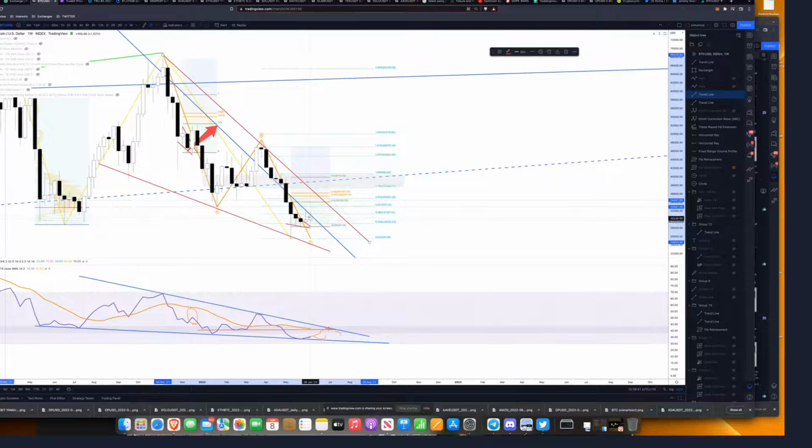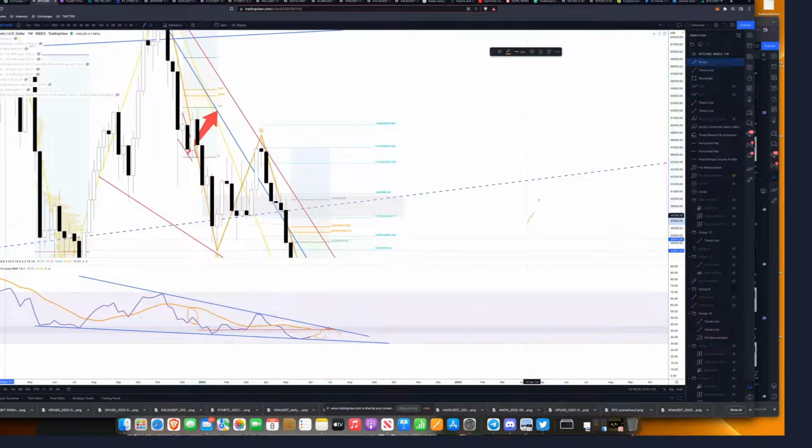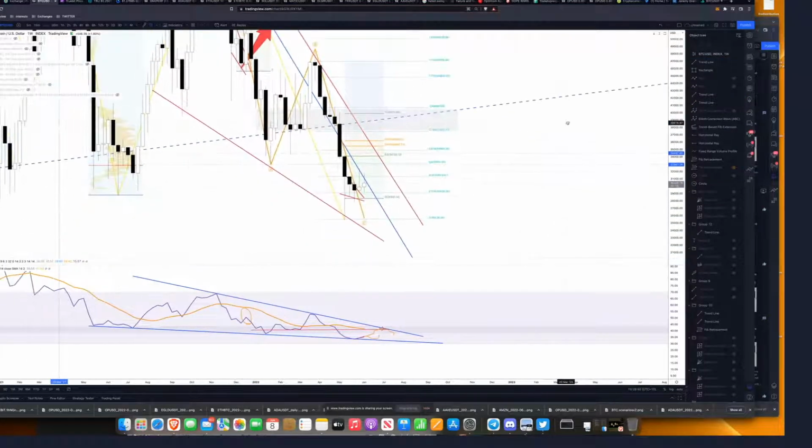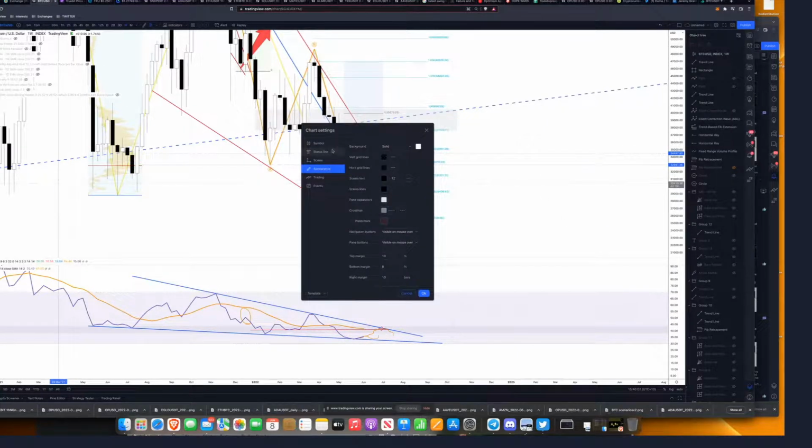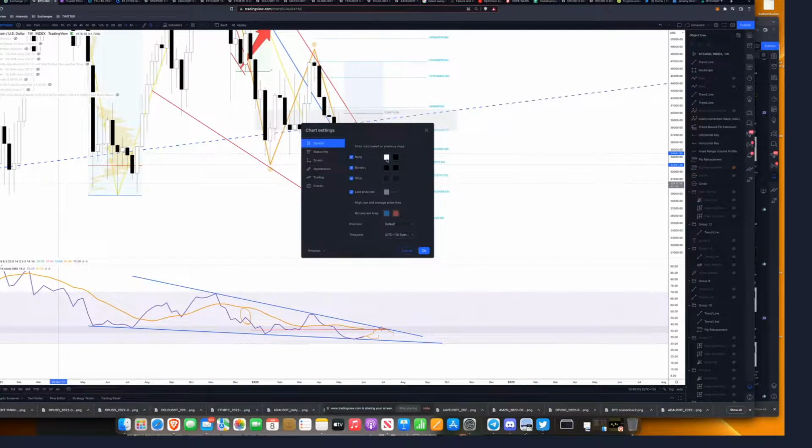This one's not finished, but you can see a resistance level. So just by looking at these charts, and maybe I should just change these. Give me a sec.